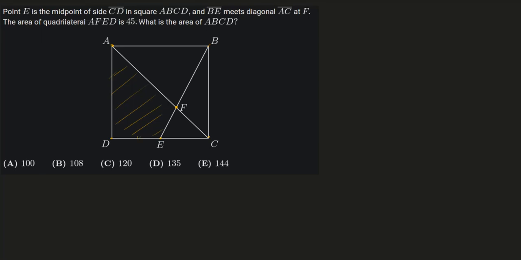The only point that's unclear is this point, F. There may be quite a few ways to solve this problem, but most of them cannot get away without a good understanding of this point F.